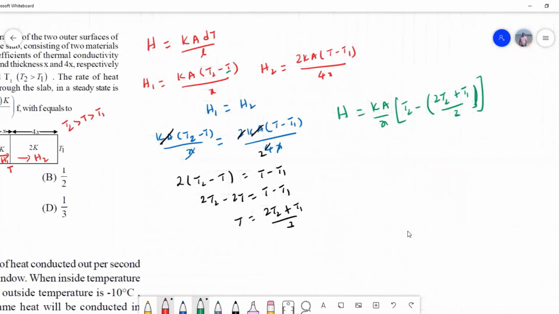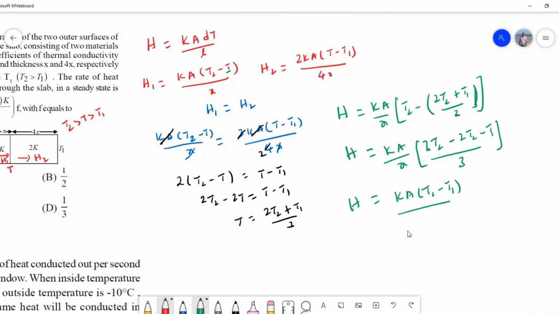Let's simplify that. H is equal to KA upon x; if I take LCM, 3T2 minus 2T2 minus T1 whole upon 3. So this is nothing but KA into T2 minus T1 whole upon x into 1 by 3. Therefore F is equal to 1 by 3.